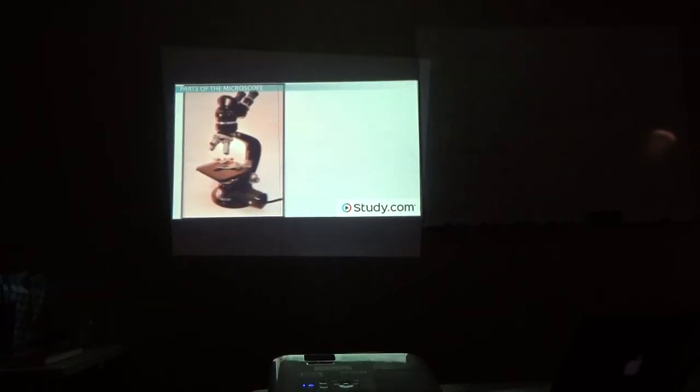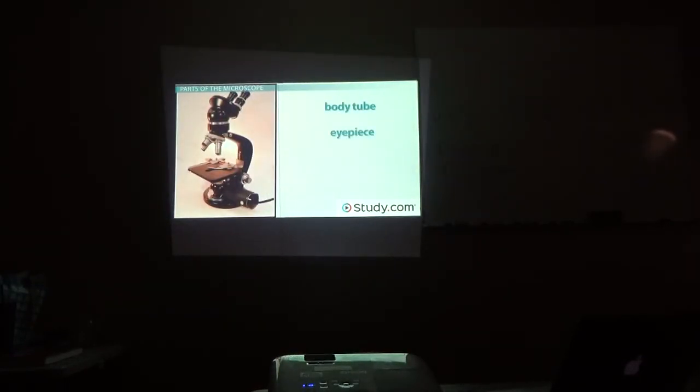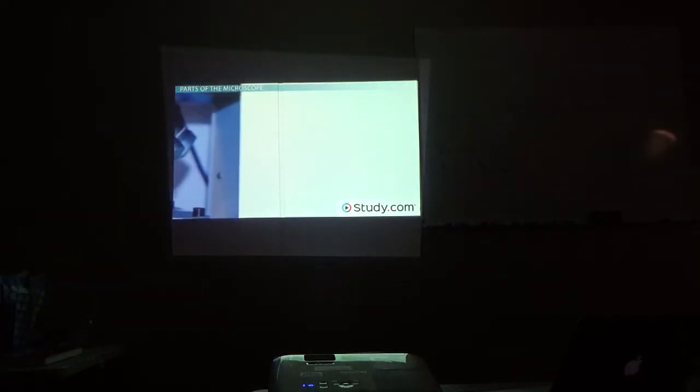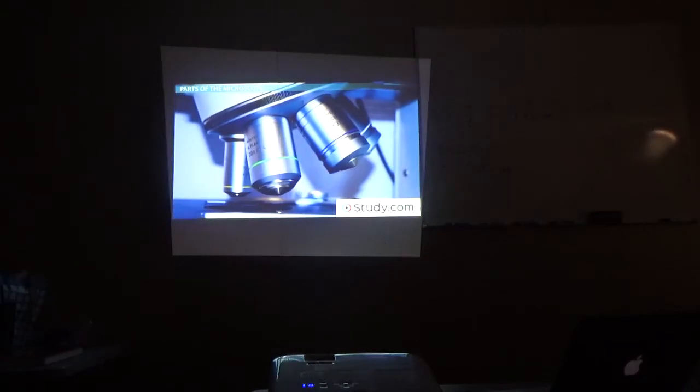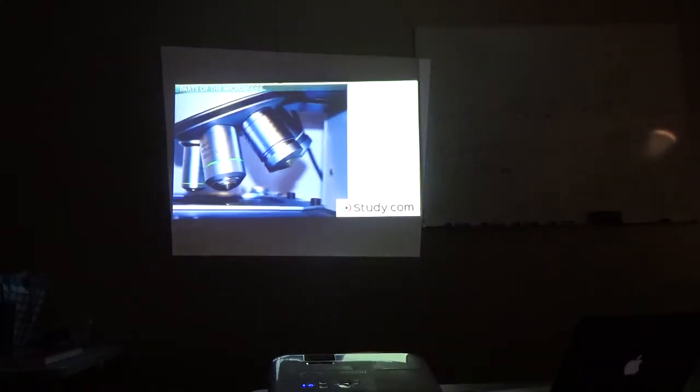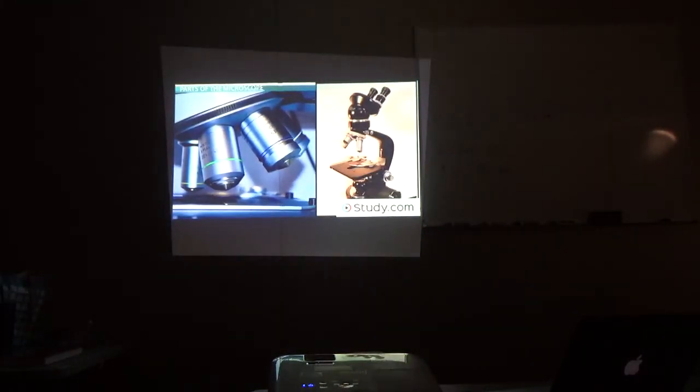Above the objective lenses is the body tube, which is connected to the eyepiece. The eyepiece is what you actually look through to see your specimen, and the body tube connects this to the objective lenses. The eyepiece is yet another point of magnification, so while your objectives have a magnification of 4, 10, 40, or 100 times, the total magnification of the microscope is this times the magnification of the eyepiece.